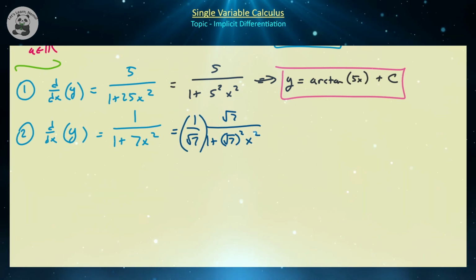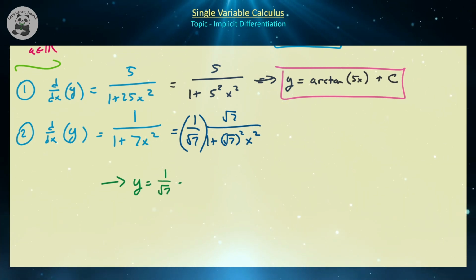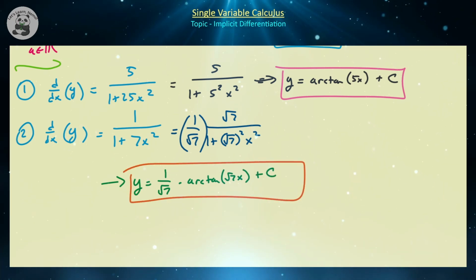Once we have it in this form, we can see the answer: that's equal to 1 over the square root of 7 times the arctangent of the square root of 7x plus c, and that would be our answer.